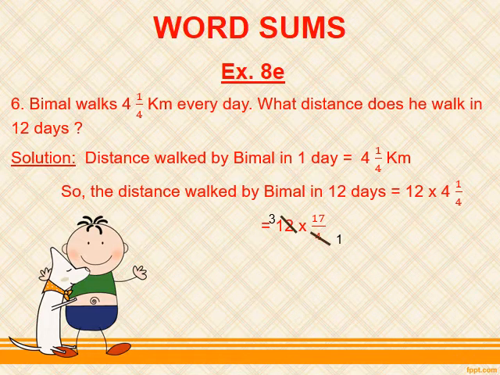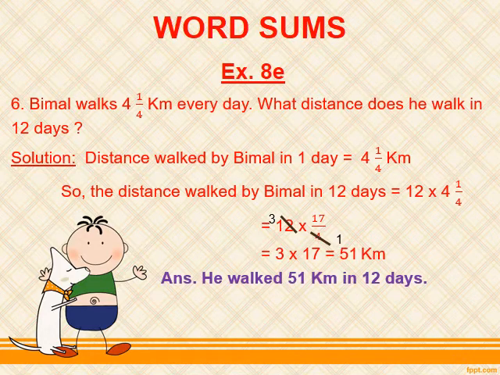And 12 divided by 4 is equal to 3 and 4 divided by 4 is equal to 1. So we have 3 multiplied by 17 is equal to 51 kilometers. So our answer is he walked 51 kilometers in 12 days.